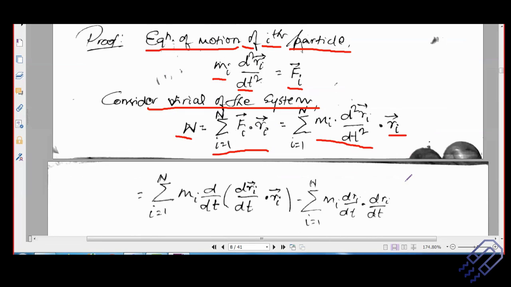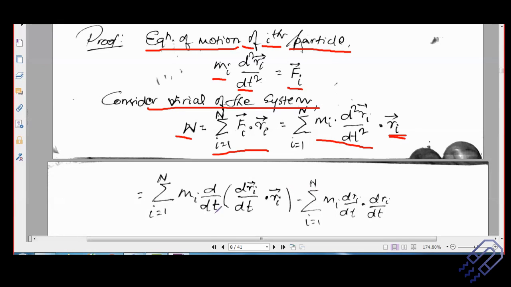Now we are going to play around a bit and do some modification here. See this term, this is very important. Don't get confused here. In most of the books I've observed they directly jump from here to here, but how, they don't say, and you get a bit confused. This is mi d2 ri dt square dot ri, that means d dt of dri dt is there, and it has nothing to do with this ri.